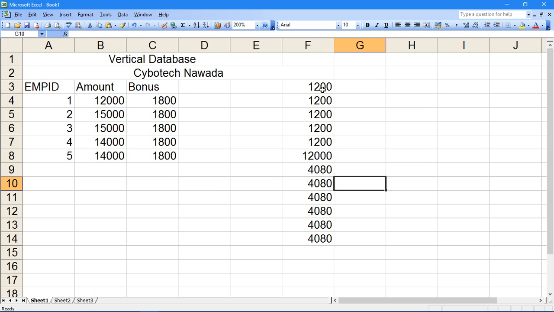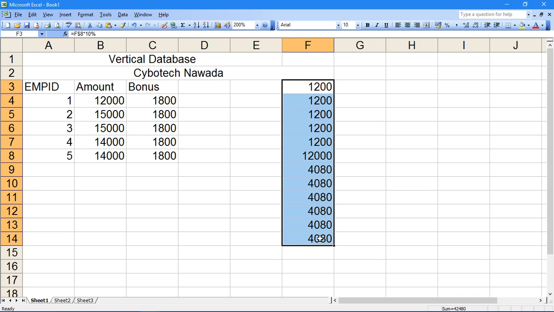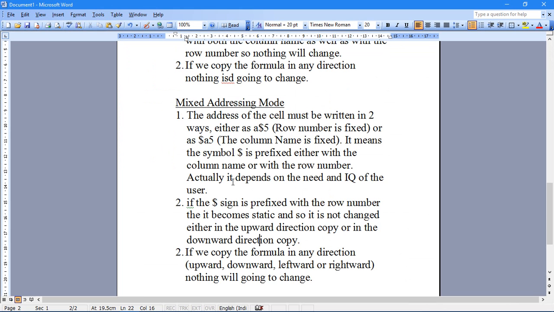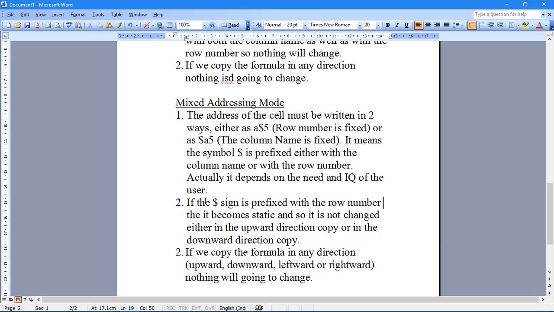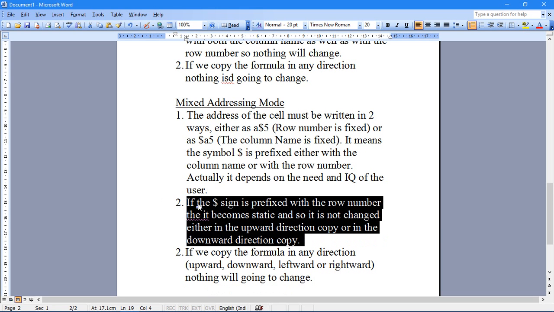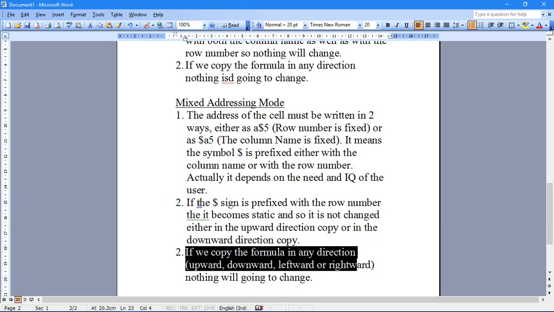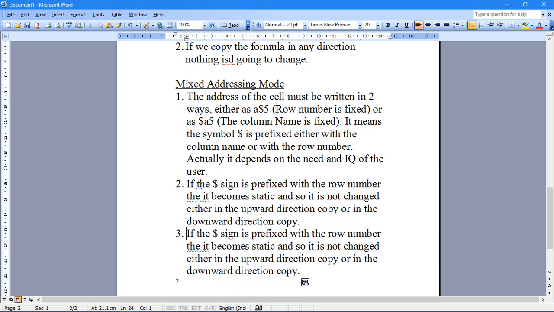Now, this is all about this particular topic, that if the dollar symbol is prefixed with the row number, then what happens? The example is to explain this particular topic. Similarly, if the dollar sign is prefixed with the column name, then what happens?